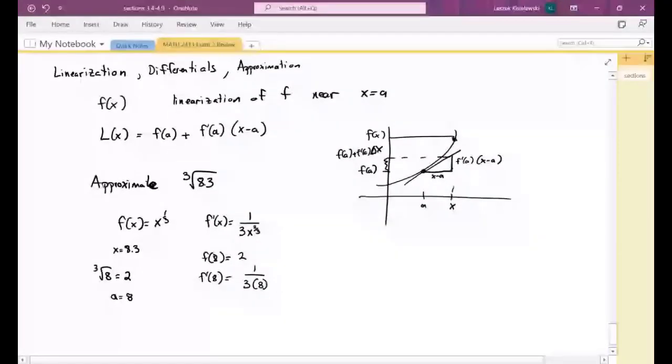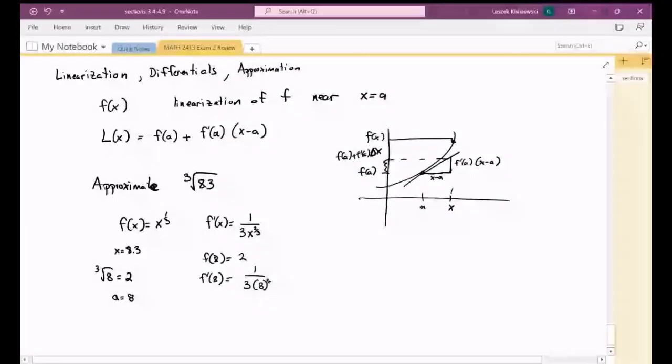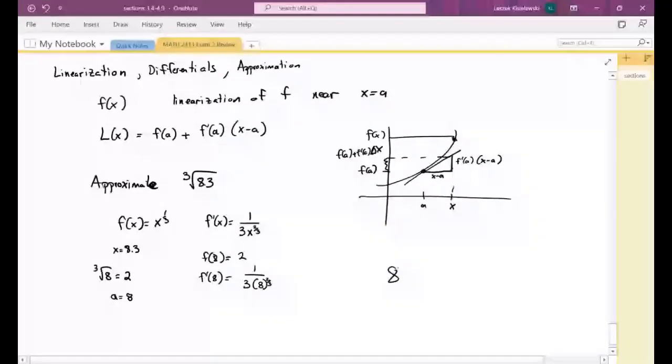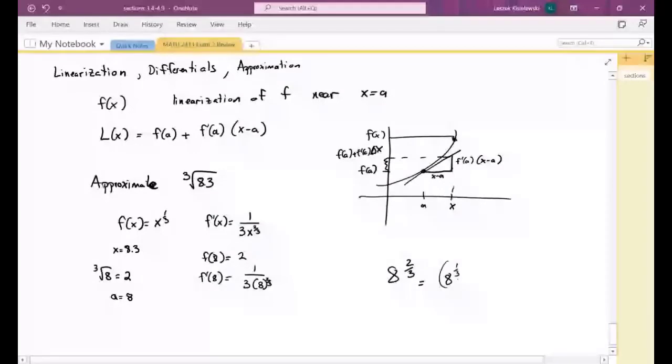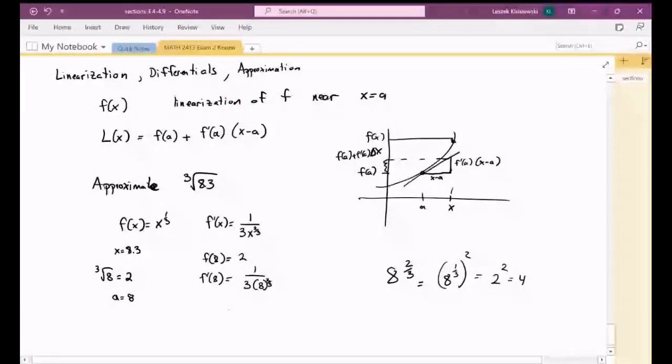What's 8 to the power 2/3? 4. I mean 1/4. Yeah, so of course that's the cube root of 8, then the result squared, so that's 2 squared or 4. Okay. It would be 1/12.